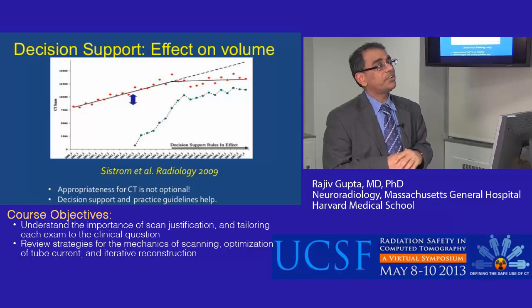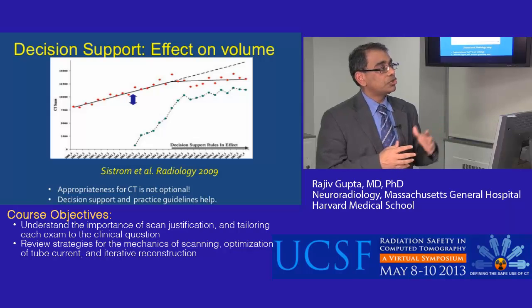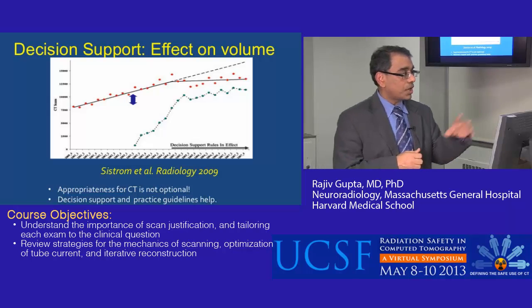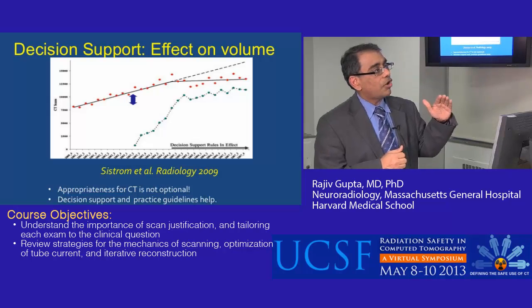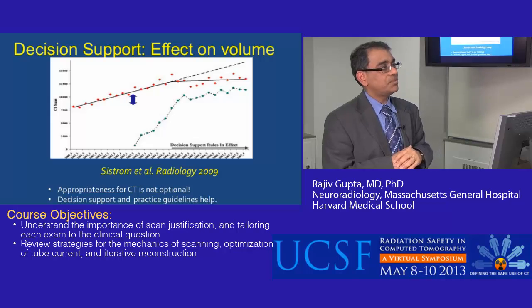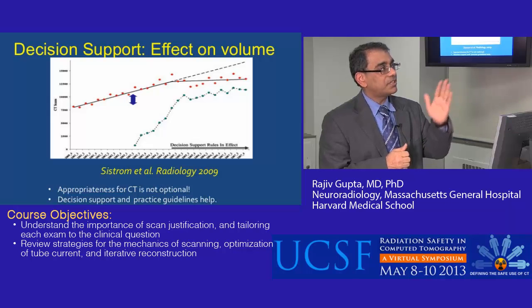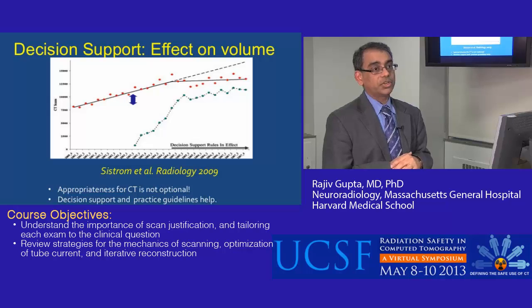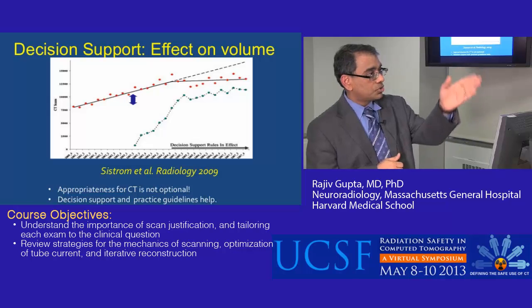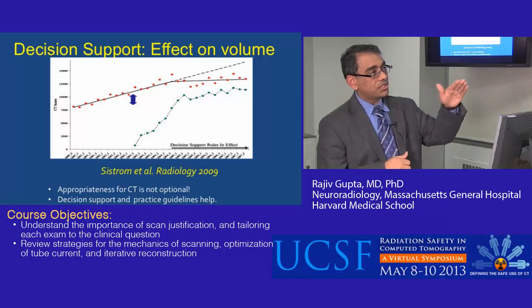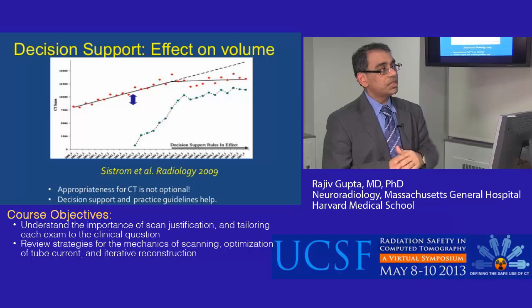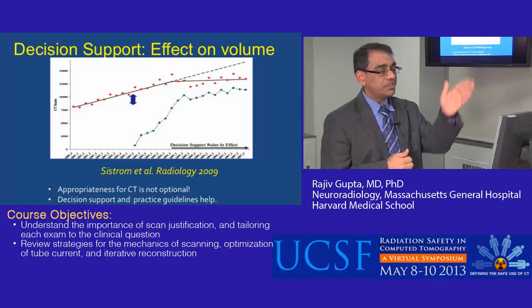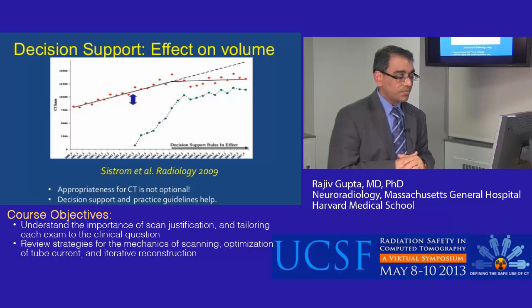It's a great help in reducing the overall volume. So, this graph shows you how the volume of CT scans at MGH has altered after the decision support system was implemented in the ROE. Before the 2009 time frame, you can see that there was a trajectory of growth, and that trajectory has been altered ever since the decision support system was implemented.